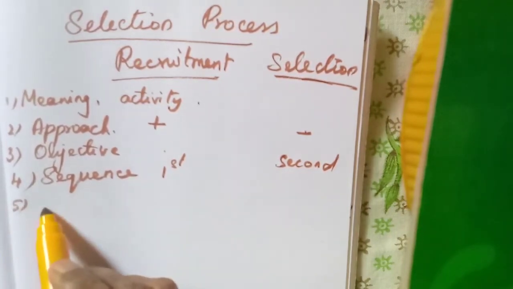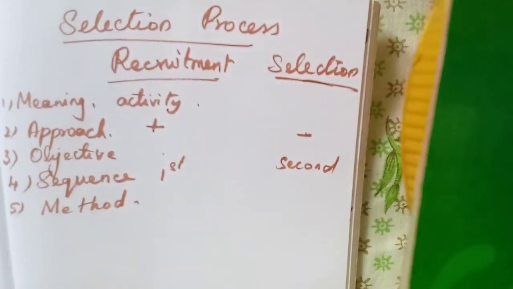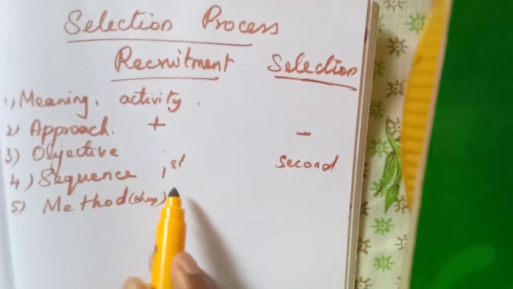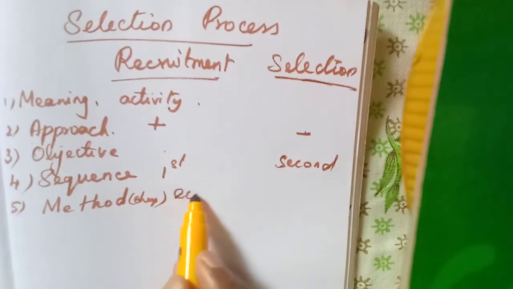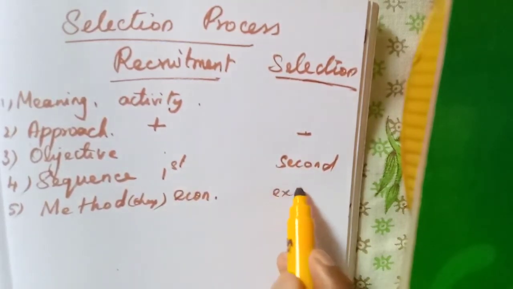Then the method. Whether it is cheap or economical: recruitment is a very cheap and economical method, isn't it? But selection is an expensive method.